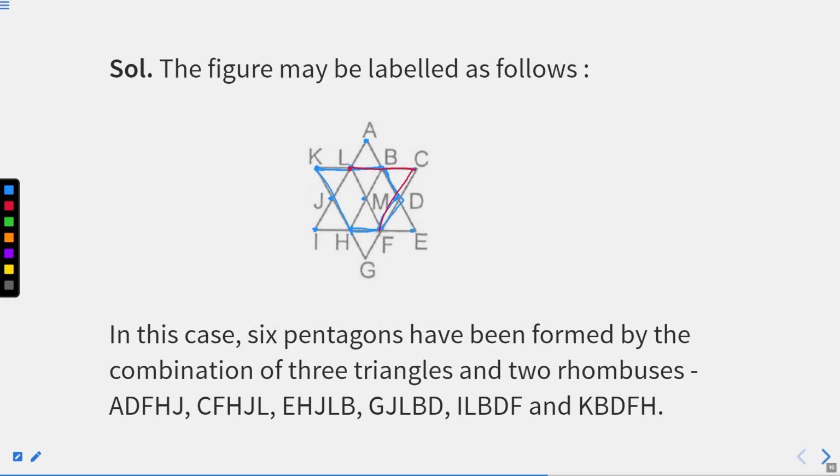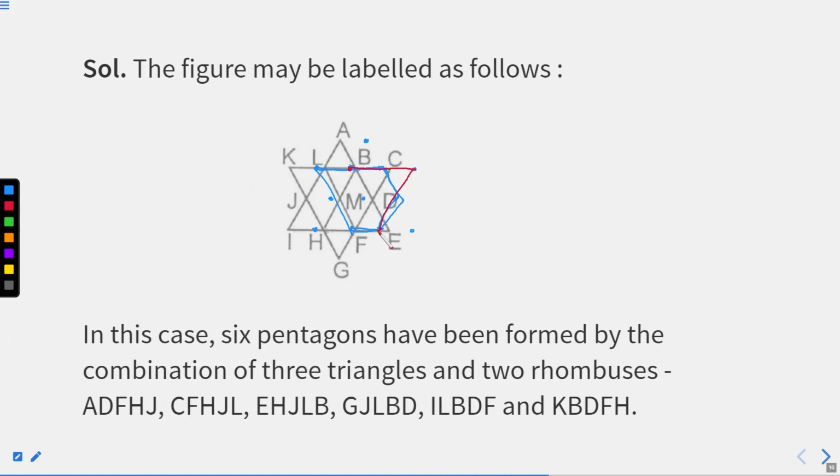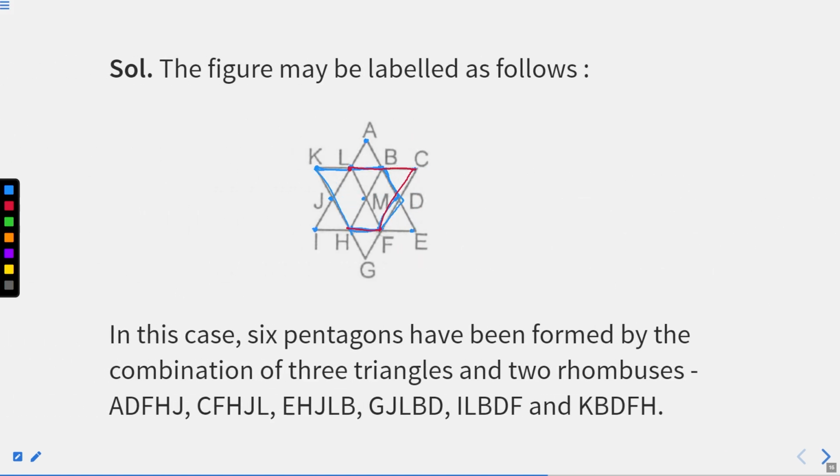LCF, right? LCF, and the next part will be HM, right? Although it is not forming the exact pentagon, we have to check it again like this.